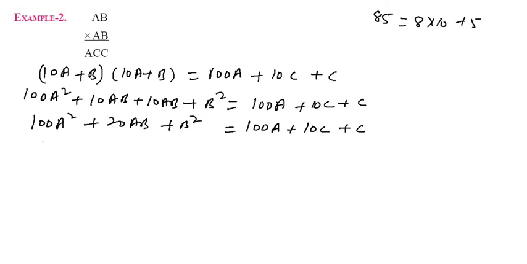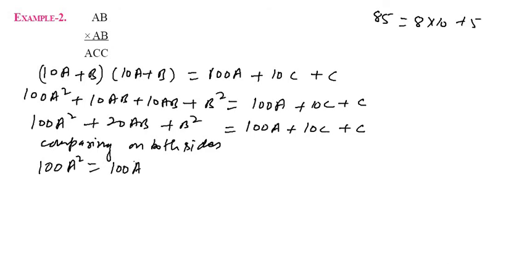Now comparing on both sides, what will happen? 100A square will be equal to 100A, so you can say that A is equal to 1.